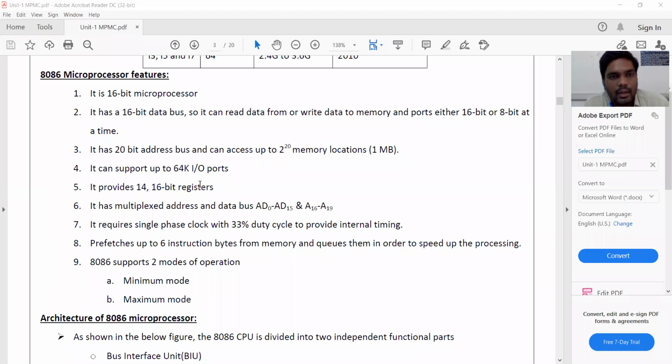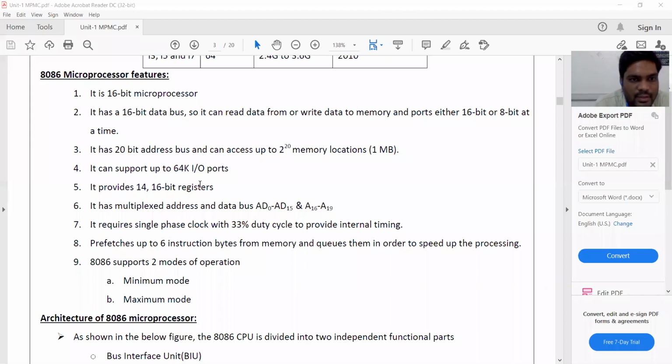You know what duty cycle is: the ratio of on period to the total time period gives you the duty cycle.